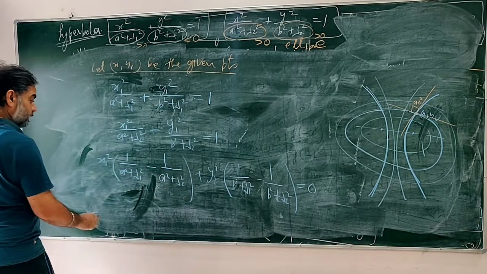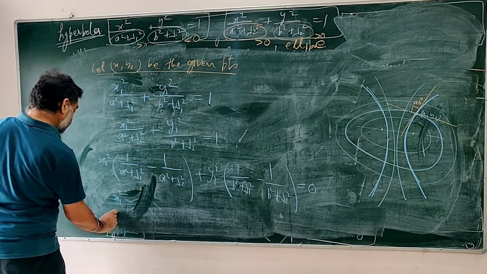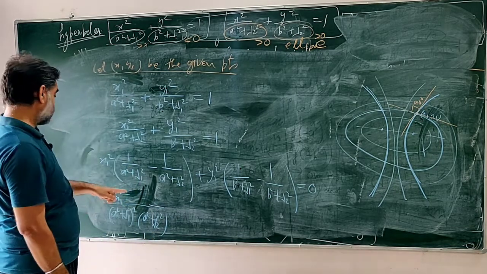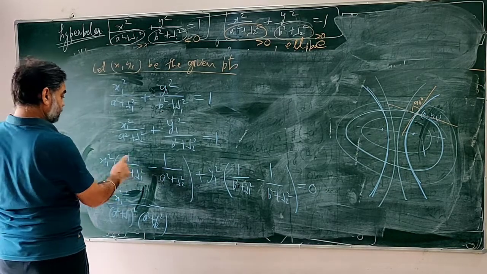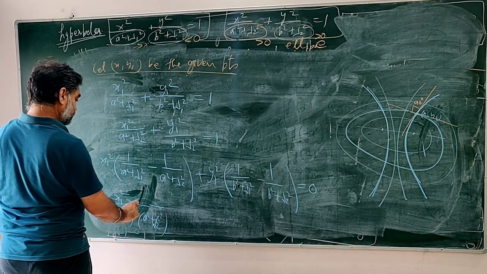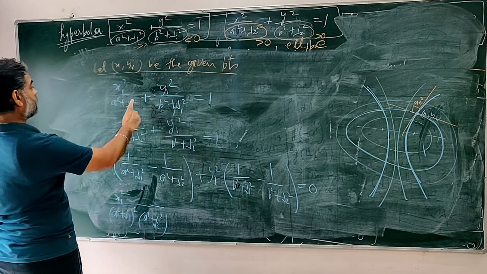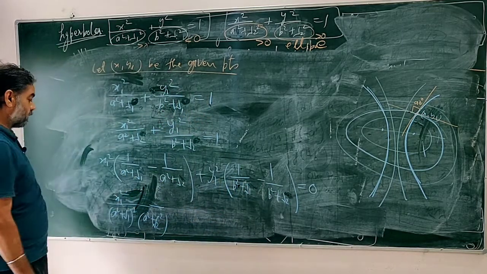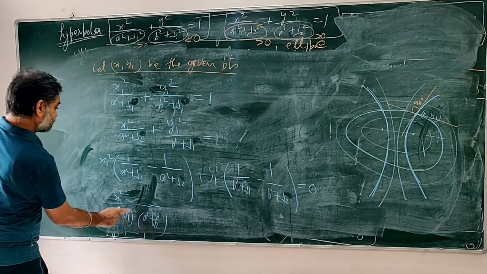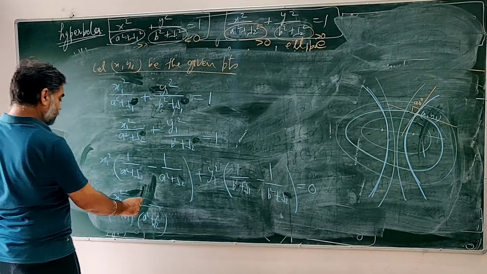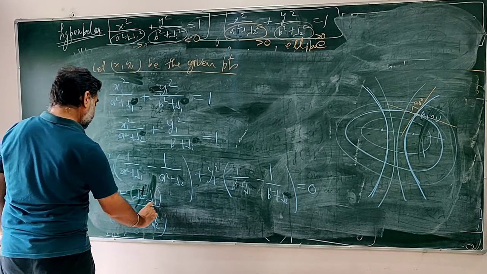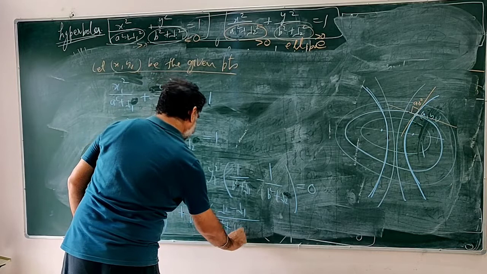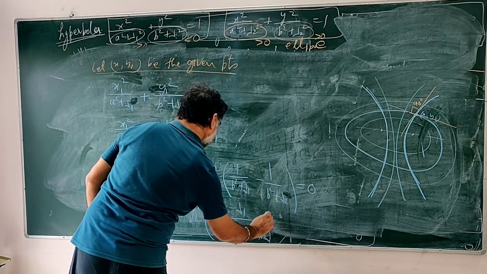Taking this, you get x1 square over a square plus lambda 1 into a square plus lambda 2, and this minus this would be simply lambda 2 minus lambda 1, plus y1 square into lambda 2 minus lambda 1 over b square plus lambda 1 into b square plus lambda 2, equal to 0.